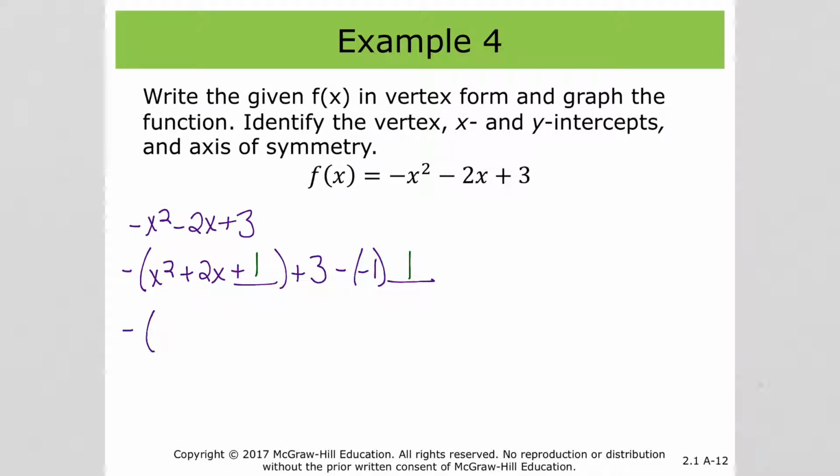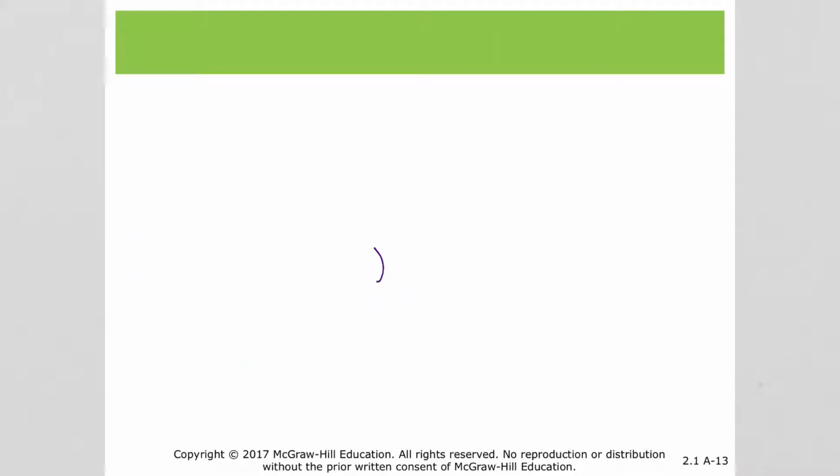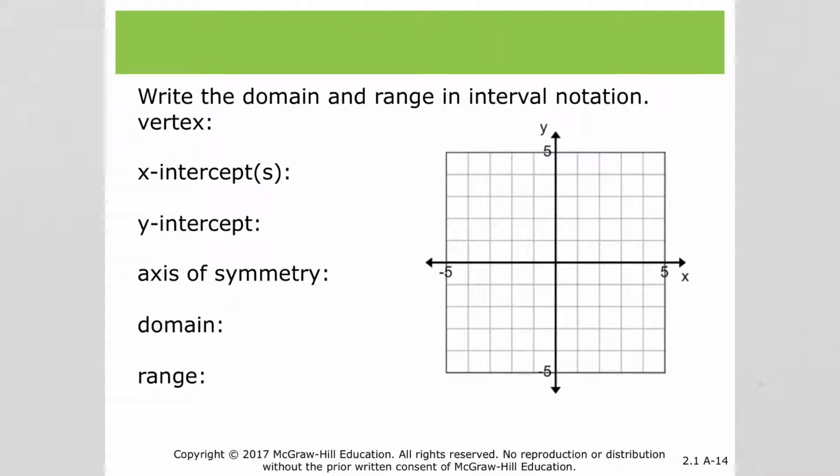So we have, when we factor, x plus 1 squared. And then we've got 3 minus -1, which is 3 plus 1, so plus 4. So our function, find somewhere to write this, is -(x plus 1) squared plus 4.